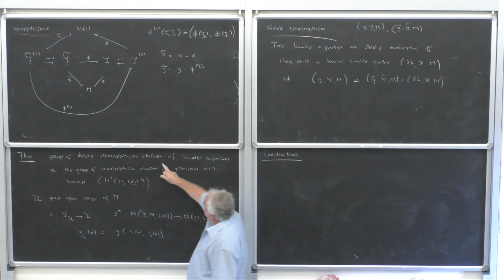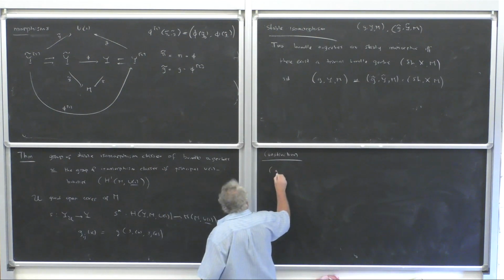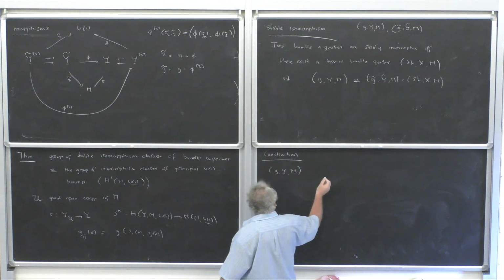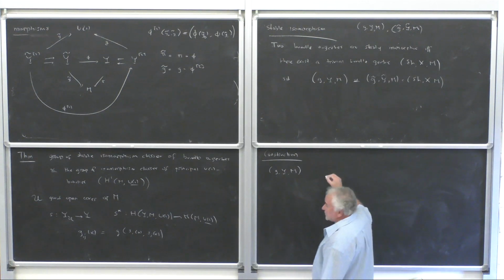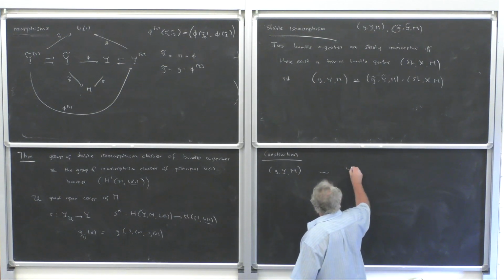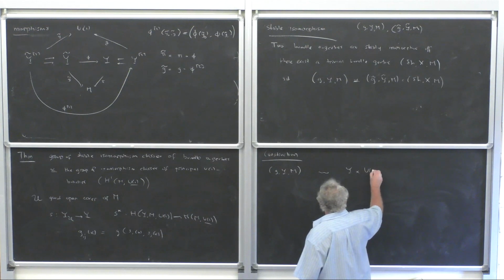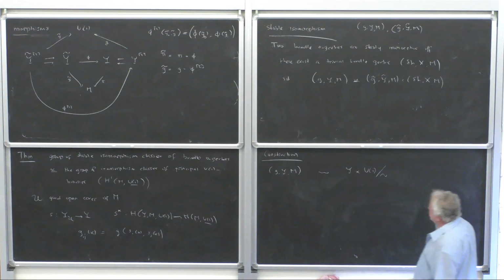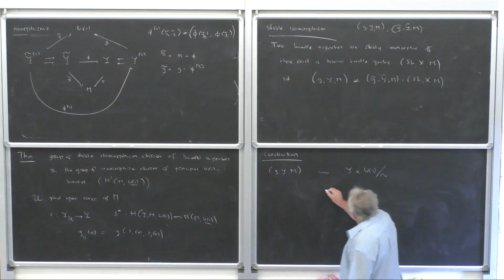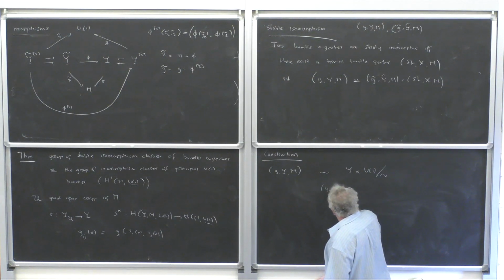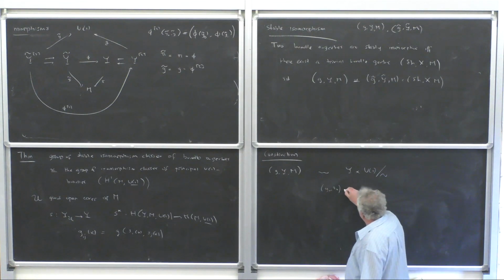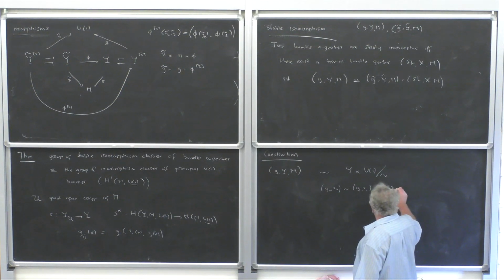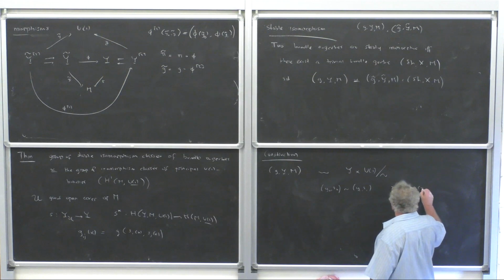I'll have to construct out of every bundle gerbe a principal U1 bundle, and that construction is as follows. I just take the product of Y with U1 and I divide it by an equivalence relation. The equivalence relation is that (y0, z0), where z is an element of U1, is equivalent to (y1, z1) if z1 equals z0 times g(y0, y1).